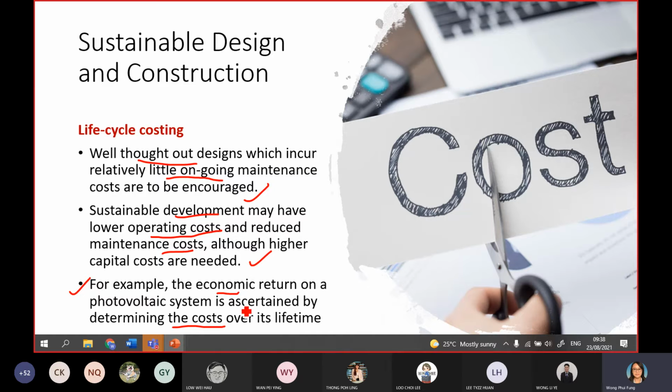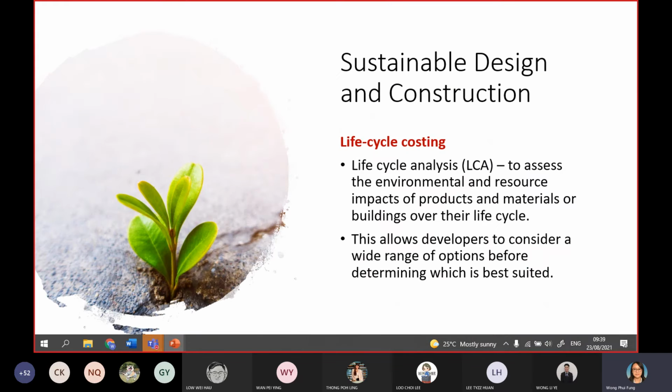It's similar concept to the LED and the fluorescent light. Okay, so very important to conduct the life cycle analysis to assess the environmental and resources impact. When you choose a product, when you choose a material, you should think about the life cycle costing.